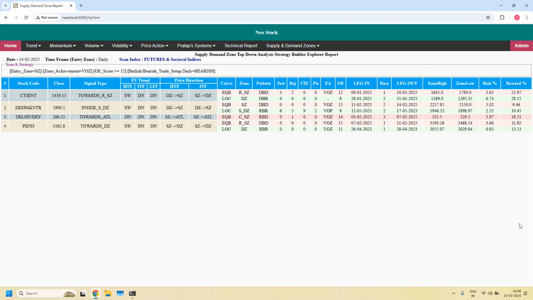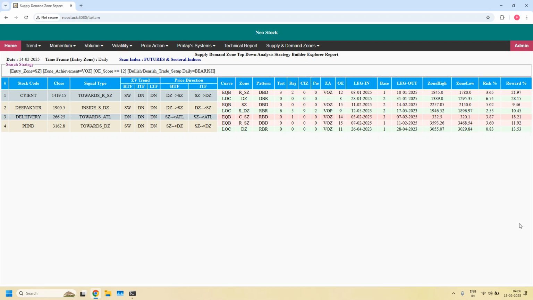These 4 stocks are currently supporting the bearish trade setup for monthly income trade, and the entry time frame zones are daily supply zones. So we have 4 daily supply zones. Out of these 4, how many have even higher priority? We need to check.